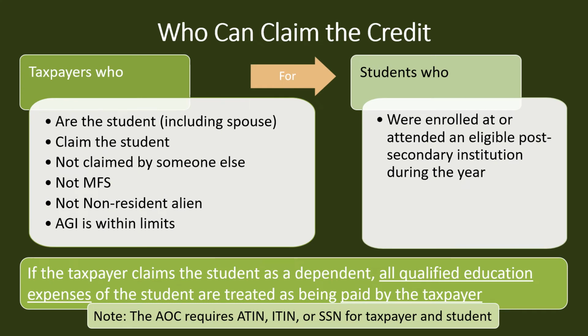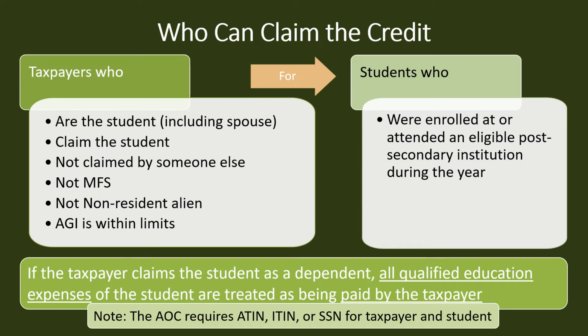Now that we've covered what is an eligible institution and what kinds of expenses are qualified, let's talk about who can claim these credits. So taxpayers can claim these credits if they are the student or the spouse, if they claim the student on their return. The taxpayer cannot be claimed by somebody else, so they must not themselves be a dependent.